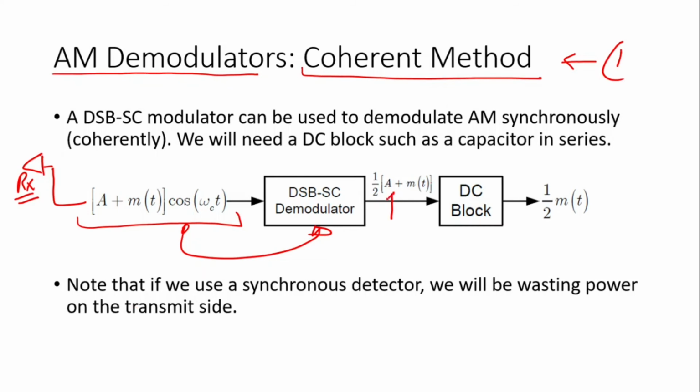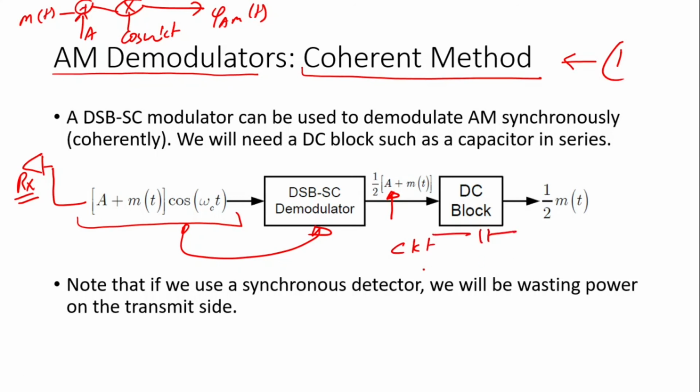Now this A is added because initially in the modulation itself we added A. So in order to remove this A, whatever circuit we have, we can use a capacitor in series. So eventually we will get 1/2 m(t).